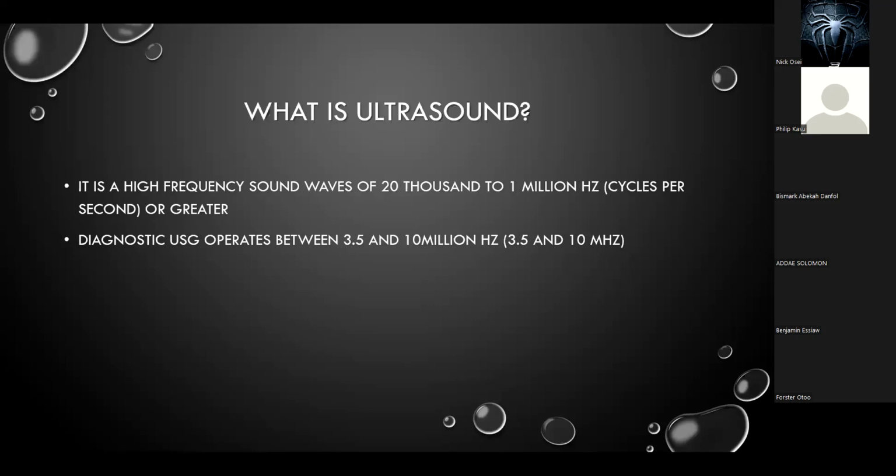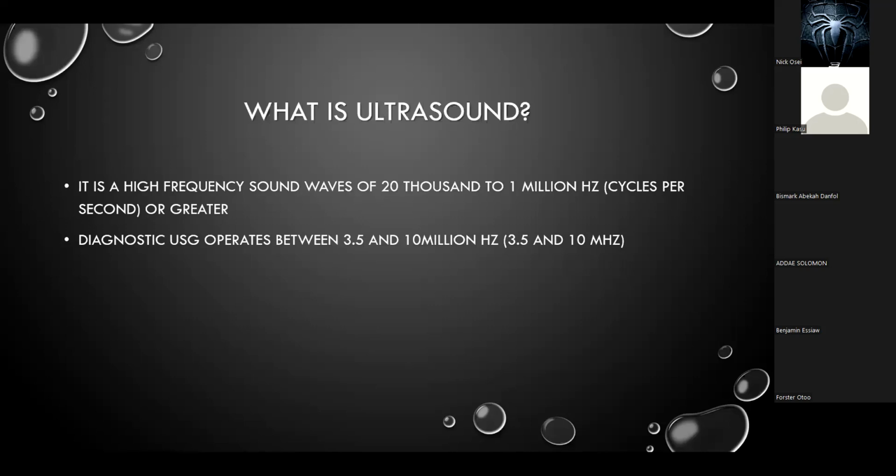I was saying yesterday that the word ultrasound basically means that ultra has to do with very high, all right? So when we talk of ultrasound, they are basically sounds with very high frequencies.